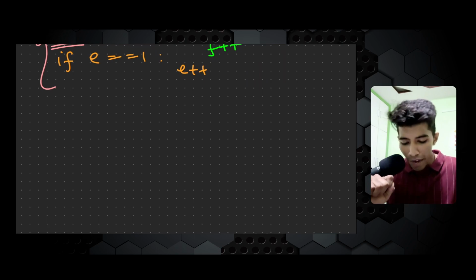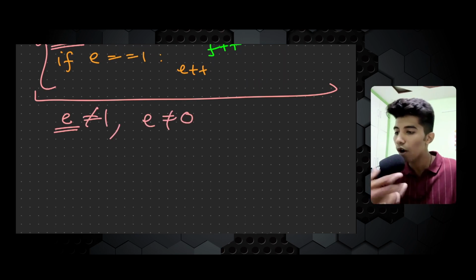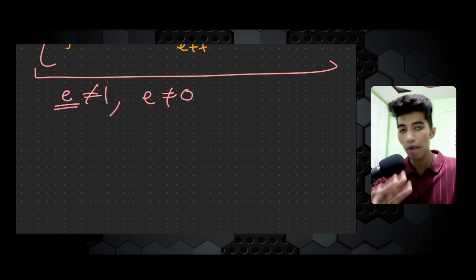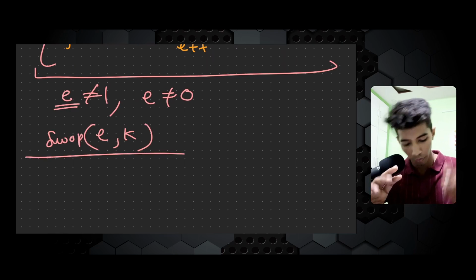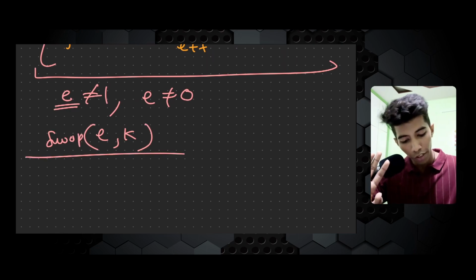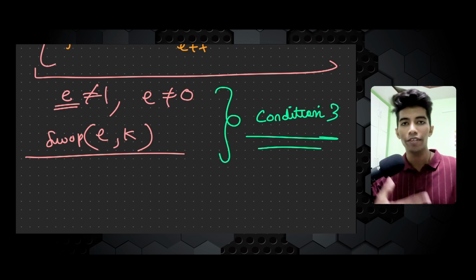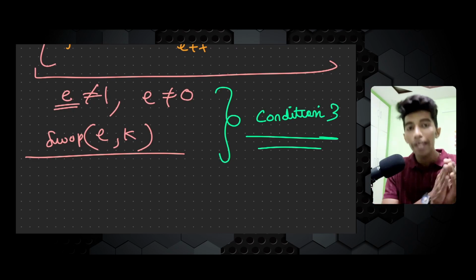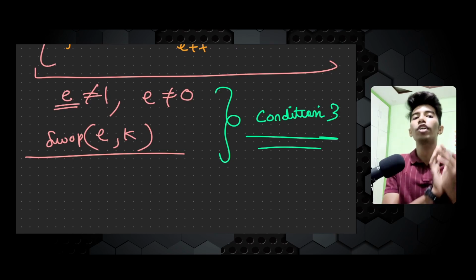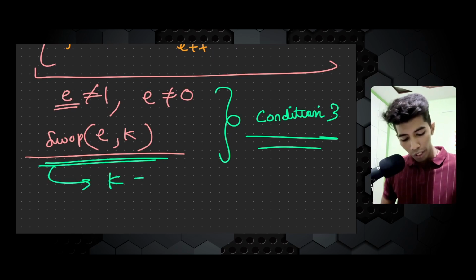If I get anything other than this at the point of E, if my E is not equal to 1 and not equal to 0, then I will swap E and K. This is the only new condition we have added. If I get something other than 1 and 0, we directly swap E and K, and after swapping, we decrement K by 1.